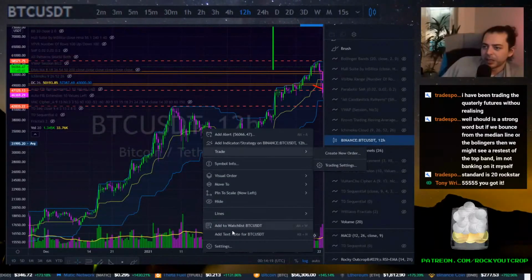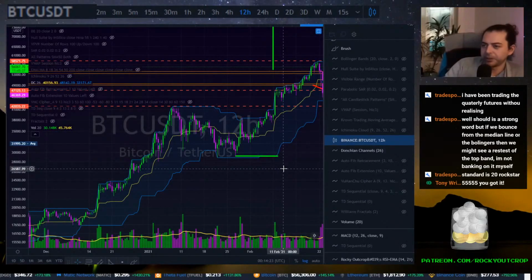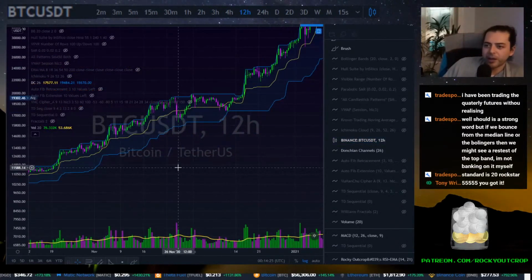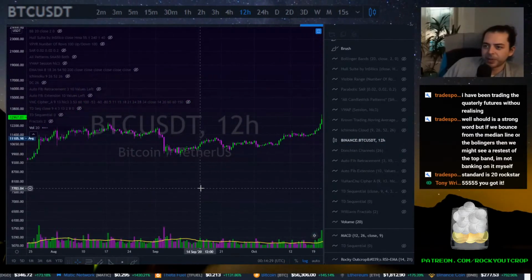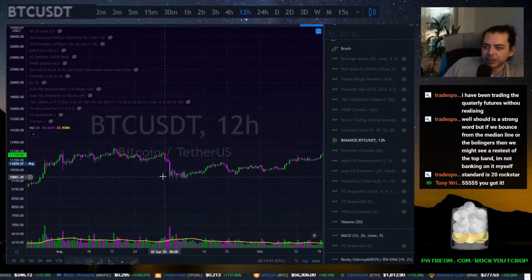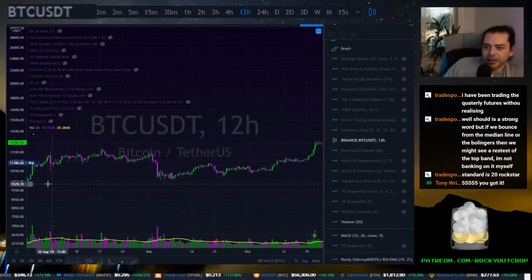Undo. We'll go to another random point. I'll hide the Donchian channels first. I'll go to a random point in the chart, like over here. And we'll say this is a high here, and then 26 periods.